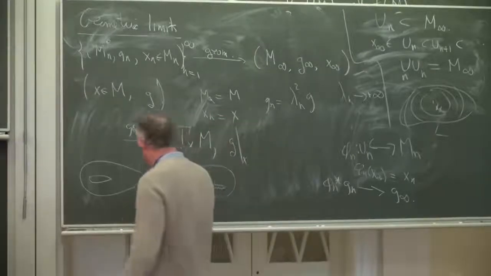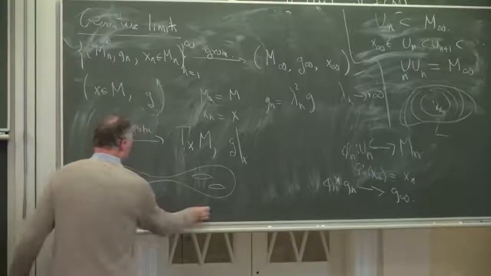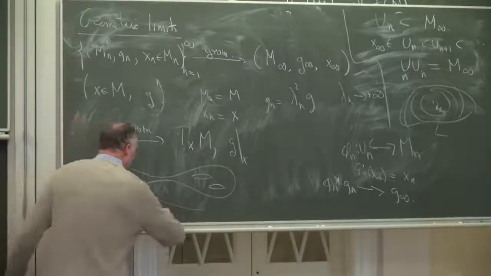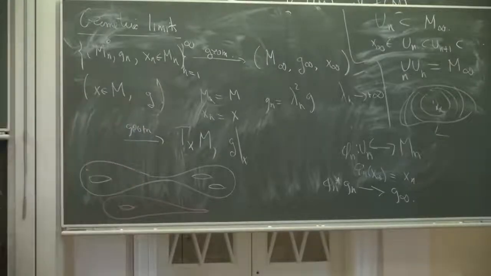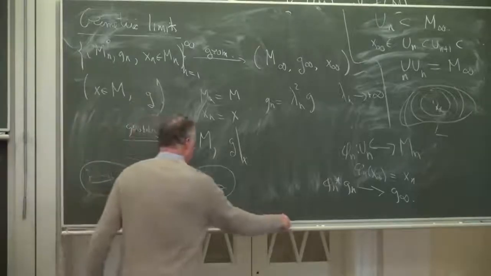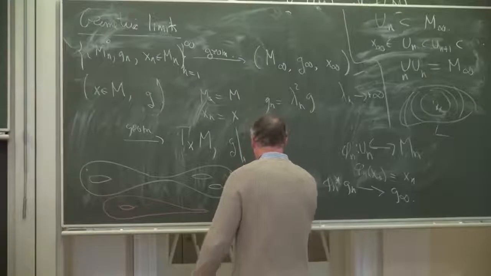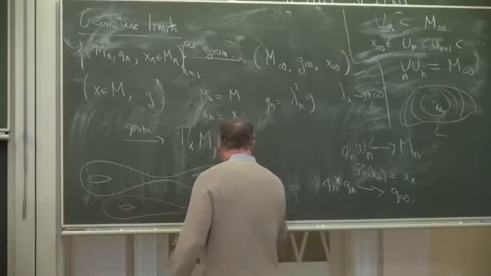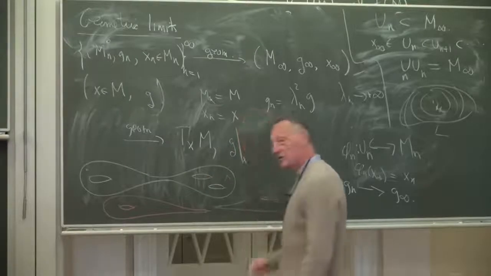If I put the base point over here, then I'll get a limit, which is a non-compact hyperbolic surface with one cusp in genus 1. If I put the base point over here, I get a limit, which again is a hyperbolic surface with one cusp, but it comes from this side, so it's got genus 2.